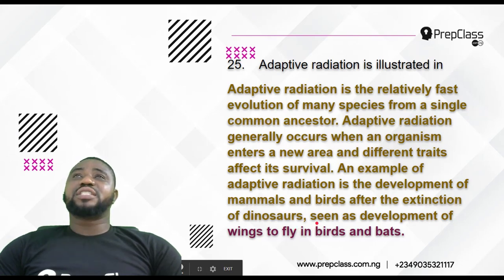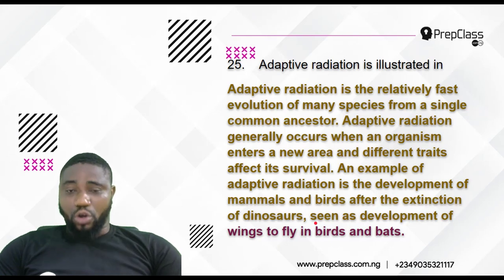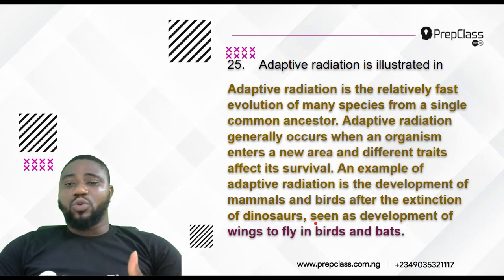So when living organisms enter a kind of environment and different kinds of things are hitting them left, right, center, if they are able to survive, are you following? If they are able to survive, they'll have a distinct feature that can help them to carry on in that environment.